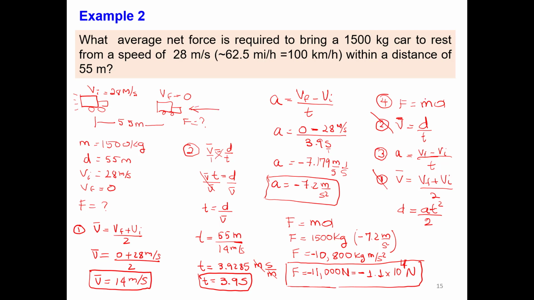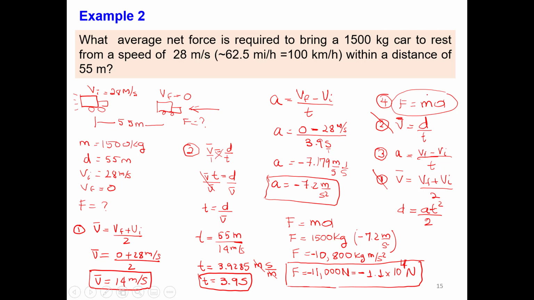Because force is equal to mass times acceleration, force is a vector, acceleration is a vector, then always force and acceleration have the same direction. Then force is pointing to the west, we can say, or to the negative direction of x, and acceleration is also pointing to the same direction.